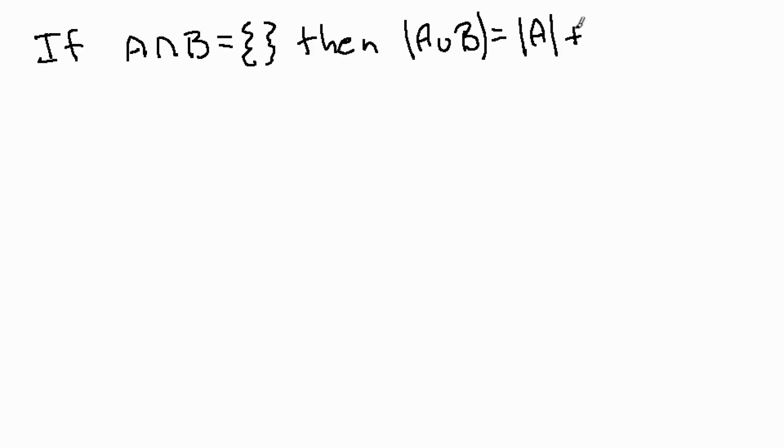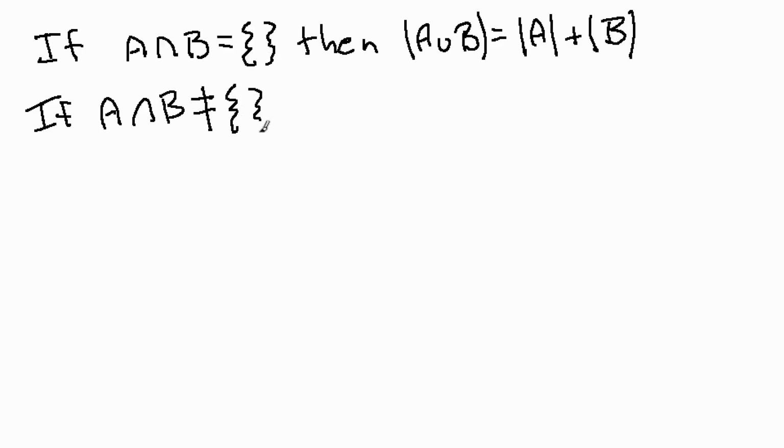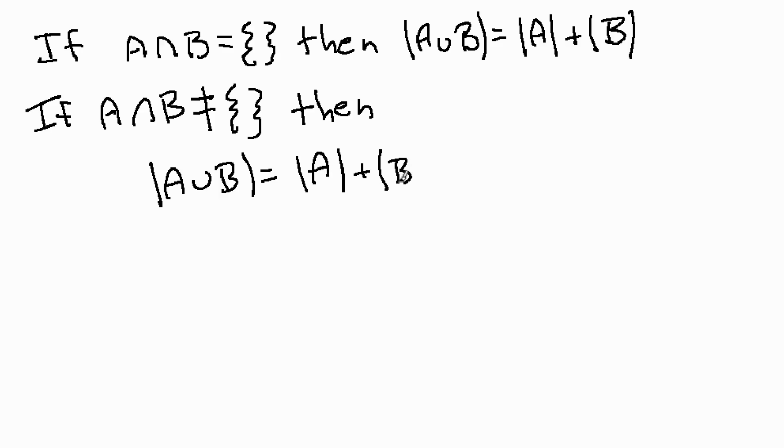If A intersection B is equal to the empty set, then the order of A union B is equal to the order of A plus the order of B. If A intersection B isn't empty, then the order of A union B is equal to the order of A plus the order of B minus the order of the intersection. Simple.